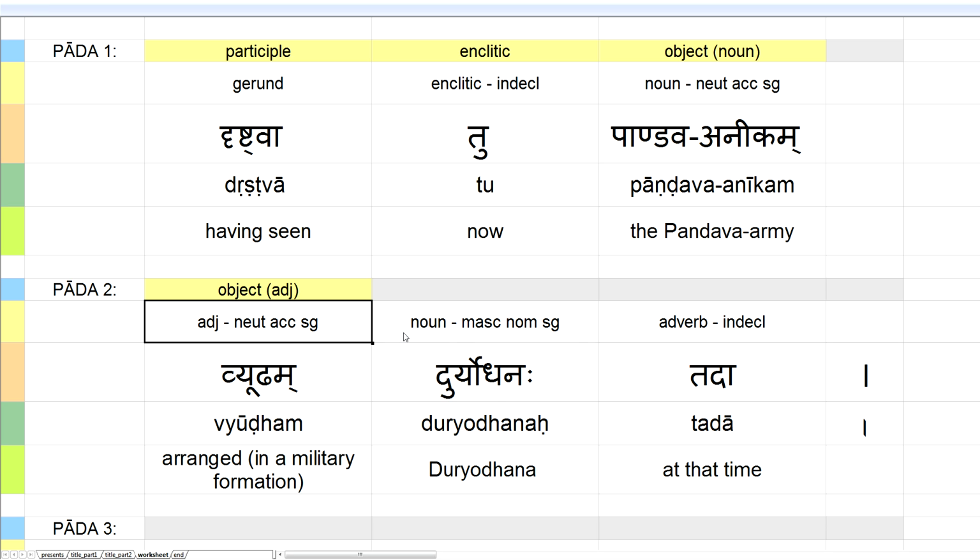All right. So what about the next word, duryodhanah? Well, we can see by the form that it's nominative singular. And since the yellow clause here is a gerund clause or a participle clause, duryodhanah cannot be part of that yellow clause. Why? Because it is nominative.